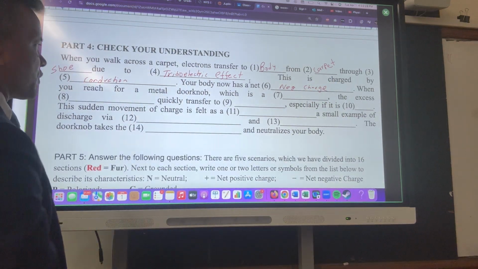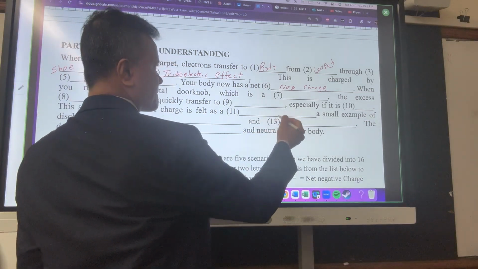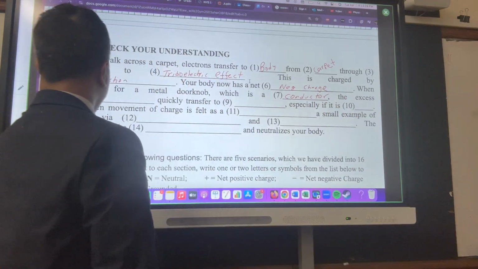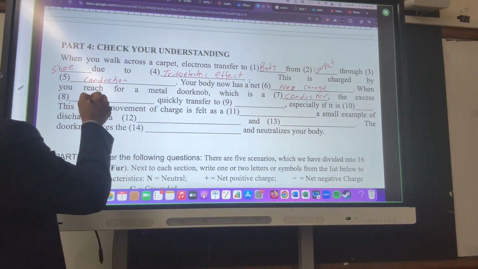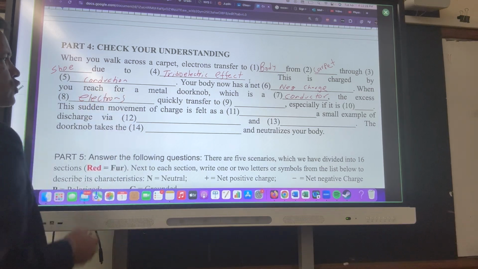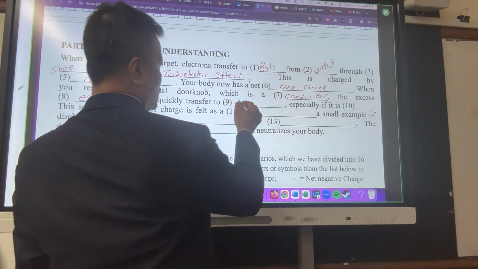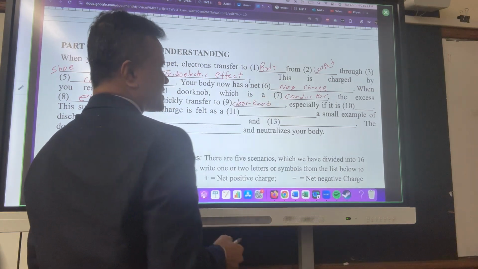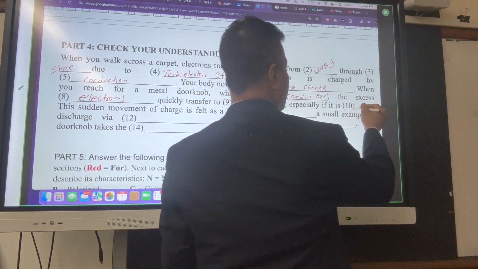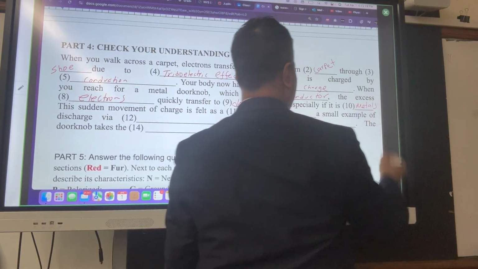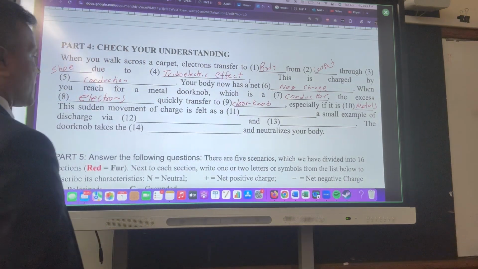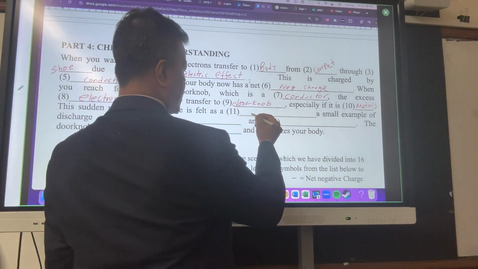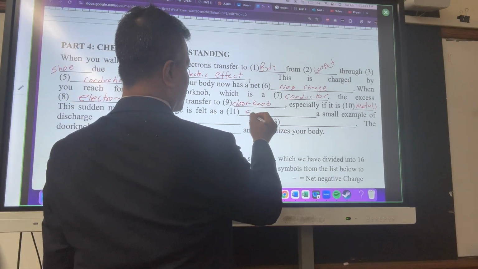When you reach for a metal doorknob, which is a conductor, the excess electrons quickly transfer to the knob, especially if it is made of metal. This sudden movement of charge is felt as a shock.